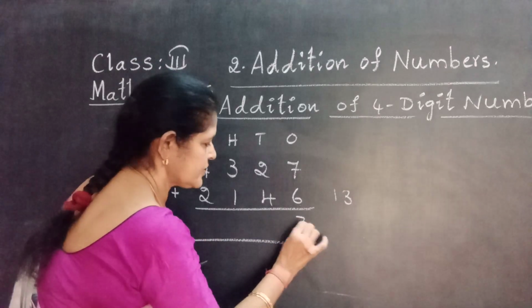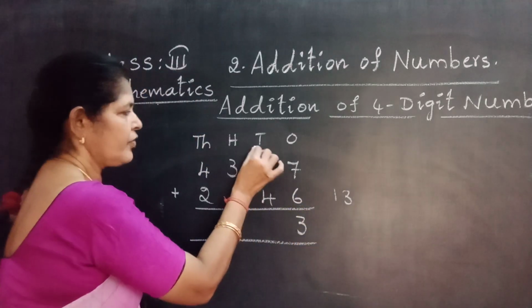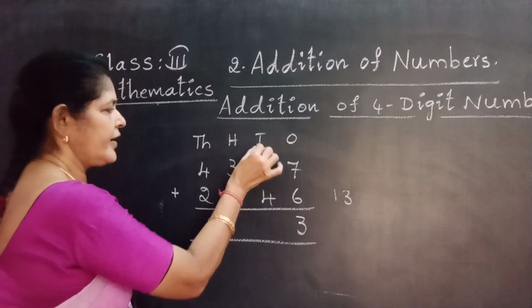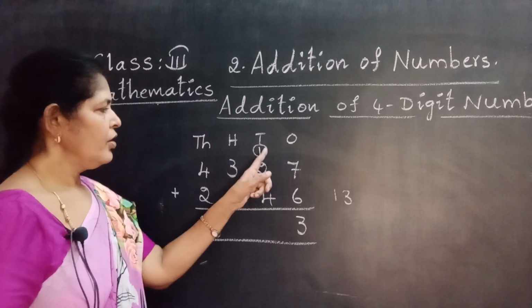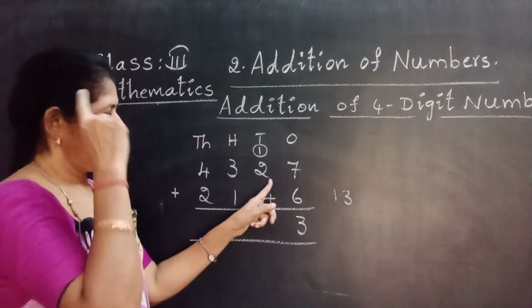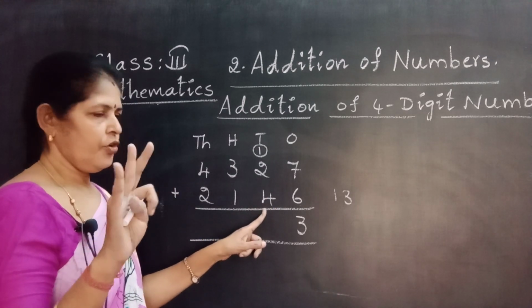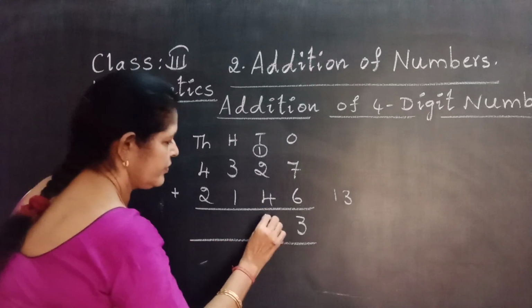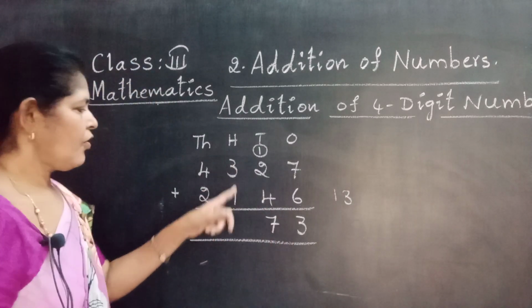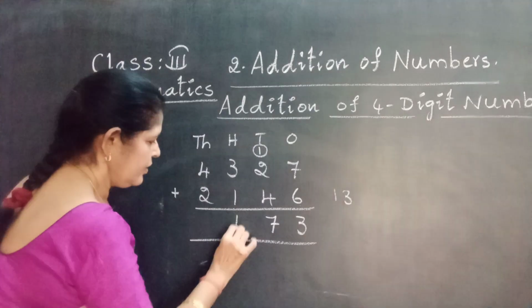3 is written in the ones column. 1 carries forward to the tens column, right above 2. Now 1 plus 2, 3. Keep 3 in the mind, take 4 fingers, 3 after, 5, 6, 7. Write in the tens column. Now adding hundreds, 3 plus 1, 4.